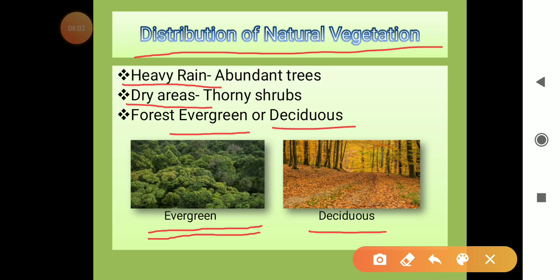Deciduous forests shed their leaves in dry season to conserve loss of moisture through transpiration. Mostly evergreen and deciduous forests that are rich source of timber and forest produce are found in India. In Himalayan region of India, mixed forests such as taiga are found according to their altitude, where evergreen forests and deciduous species are found.